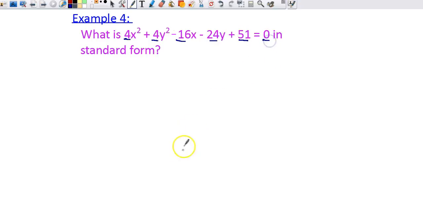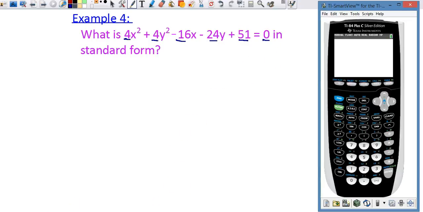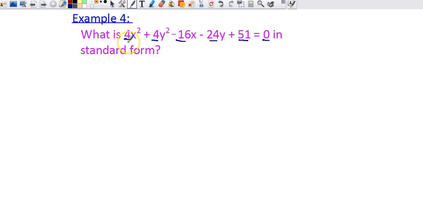You can divide 0 by 4. It doesn't change the value. It's 0 by 4. And get rid of that coefficient. Now 51 divided by 4 is going to give you a decimal. We'll just write the decimal for that. Those will cancel out. Now 16 divided by 4 is 4. 24 divided by 4 is 6.